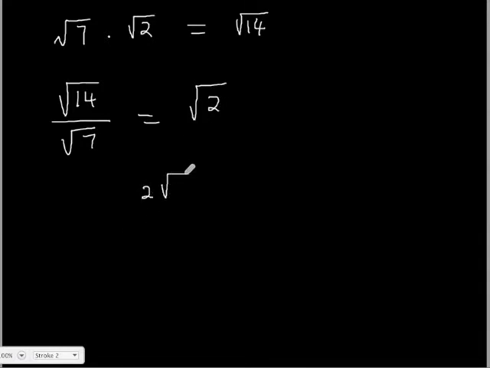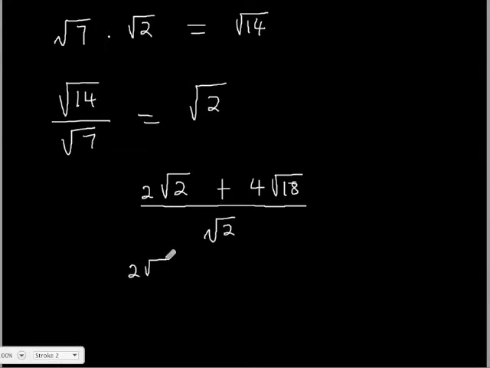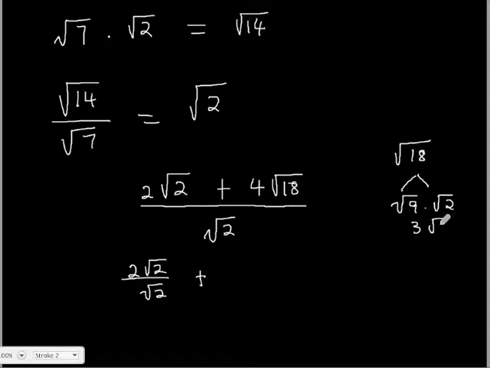What if you get 2 root 2 plus 4 root 18 divided by root 2? You can rewrite the problem as 2 root 2 over root 2 plus, and if you simplified root 18, that becomes root 9 times root 2, which is 3 root 2.